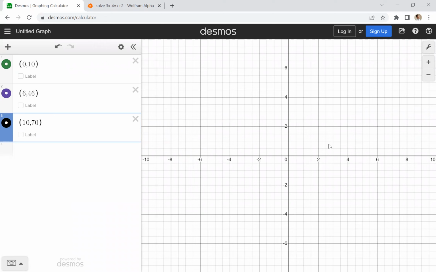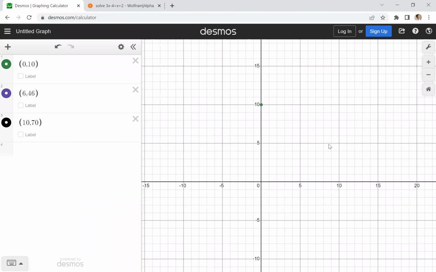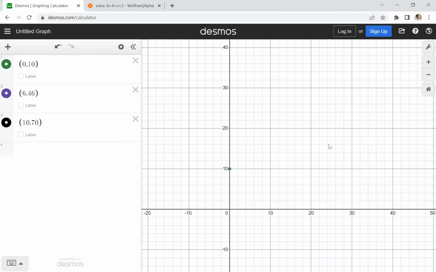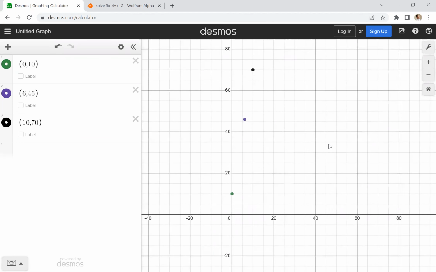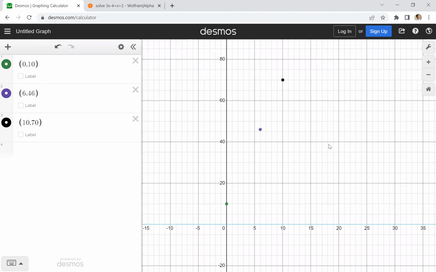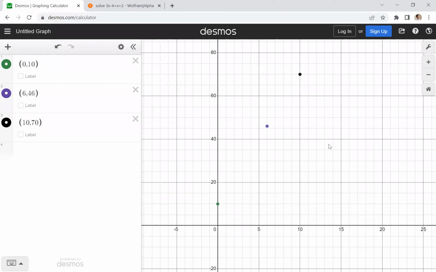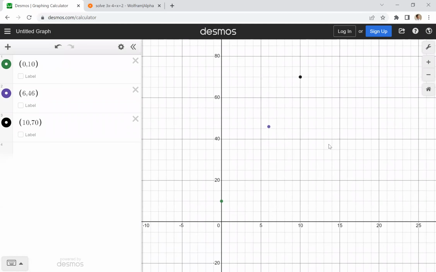Well, if you want to see what is going on, you've got to zoom in. Make sure that you zoom in correctly so you can see. Now it looks good. Look at the 3 points here. It does form a straight line. I'm going to cut it onto the note, and we're going to take a look at it.